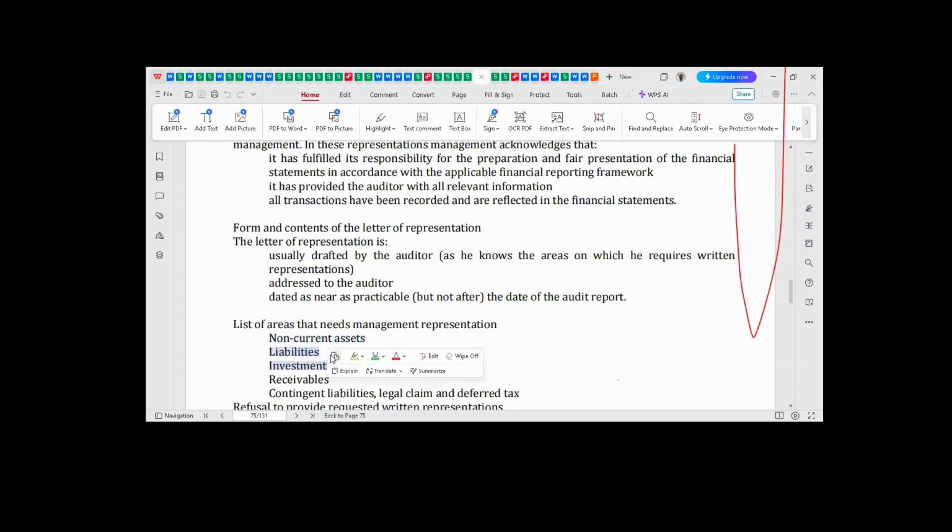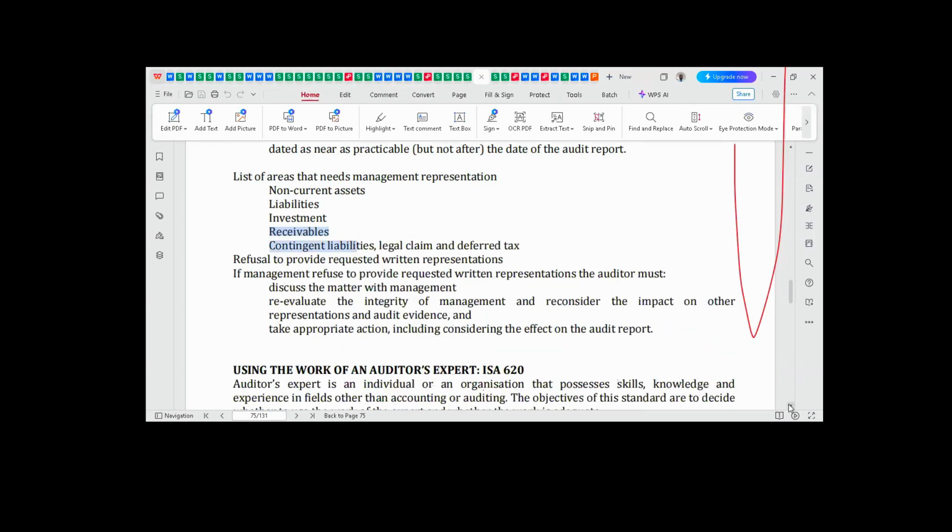Liabilities, contingent liabilities: we talked about contingent liabilities before, and we make the client present written representation. Receivables: there are some major receivables that need to be written off, but management is saying no, we still have some time, and you're able to put perspective to it. So all of these are some of the areas where written representation will be provided.